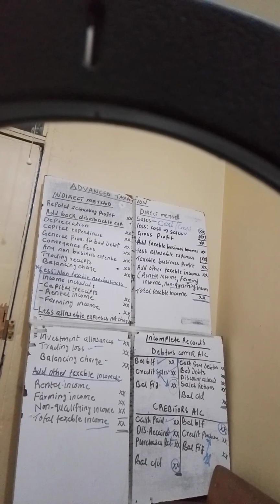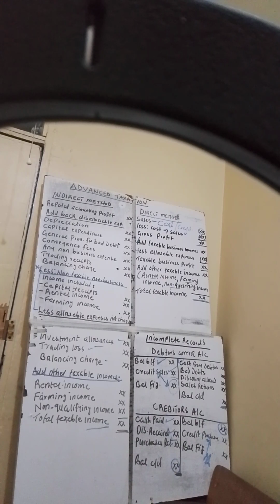Now, legal costs, most of the times, they will give you legal costs which are allowable. The following legal costs are allowable. One, legal costs incurred in collection of bad debts.